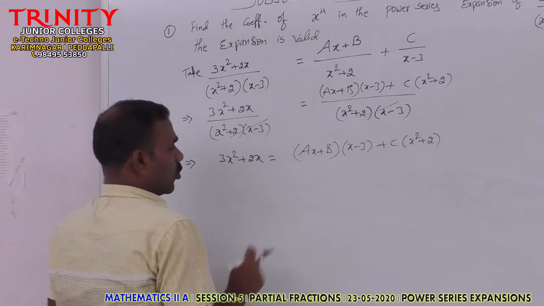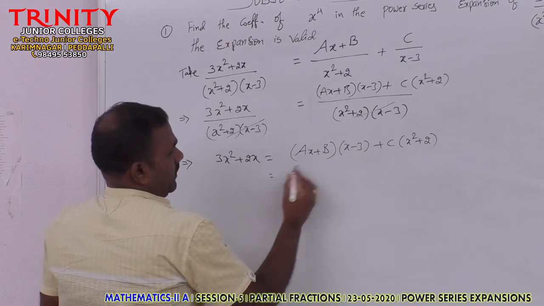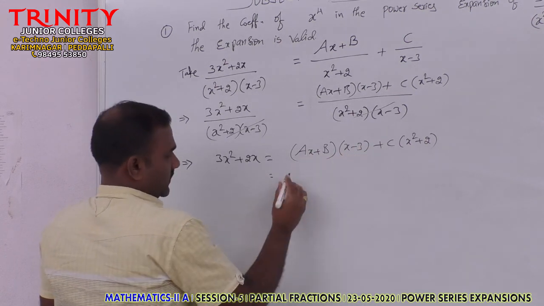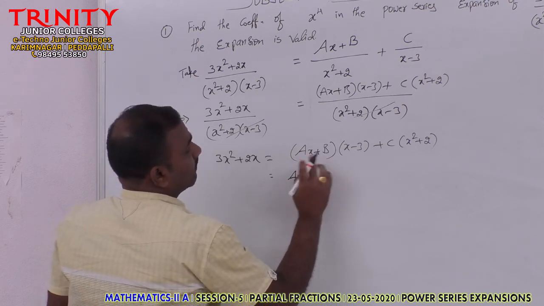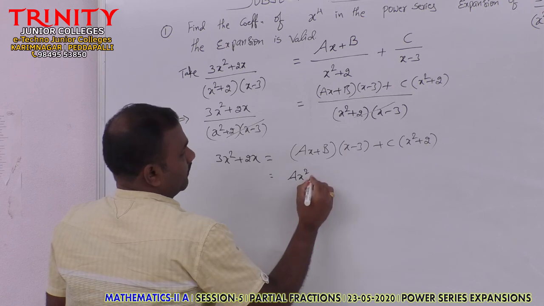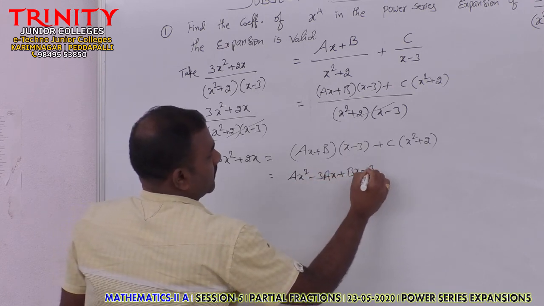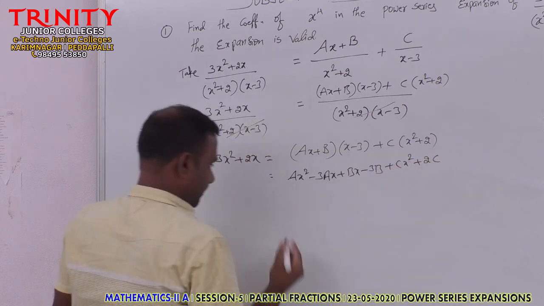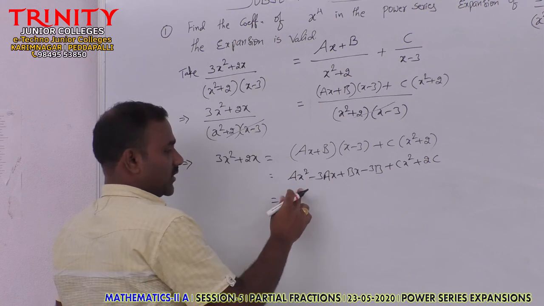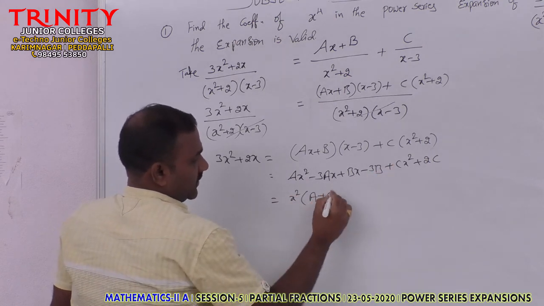Now express them as the coefficients of x square, x and the constant. Ax into x is ax square, plus minus 3ax, plus bx minus 3b, plus cx square plus 2c. Now express this in terms of x square: the coefficient is a plus c.